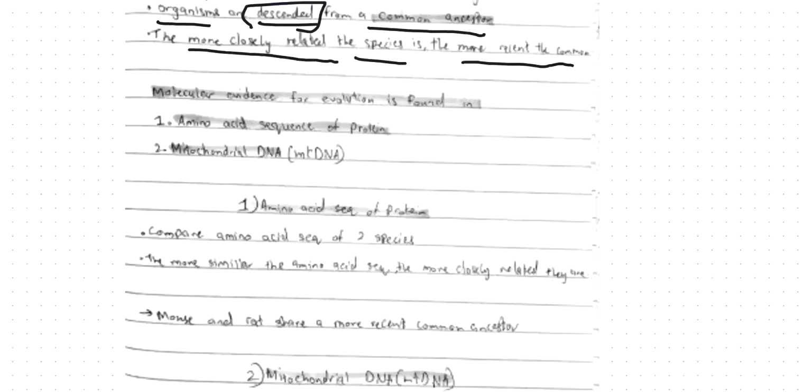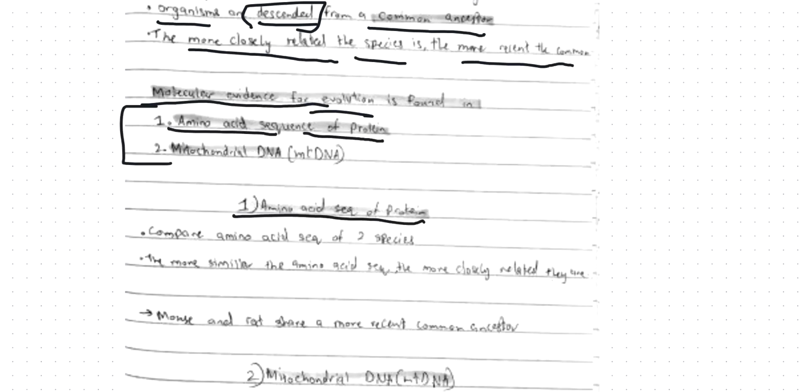And we can figure evolution out. We have proof of evolution by two types of evidence. The first one is the amino acid sequence of the protein. We can figure out if the ancestor is common to us or not by looking at the amino acid sequence of the two different species that we are comparing.